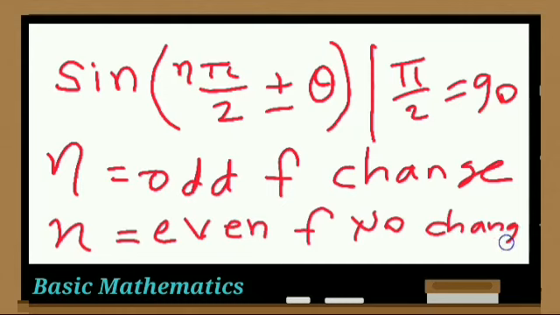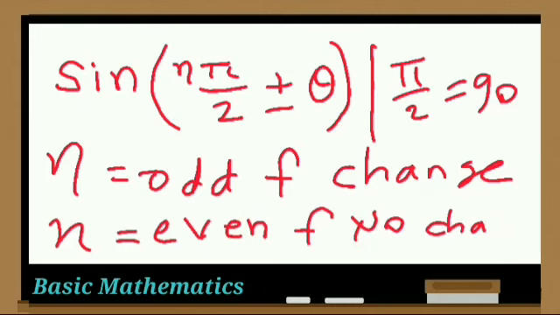If we put the value n equals 1, which is an odd number, in this condition the angle becomes pi by 2 plus minus theta, and the sin converts into cos theta. Is it clear to you?